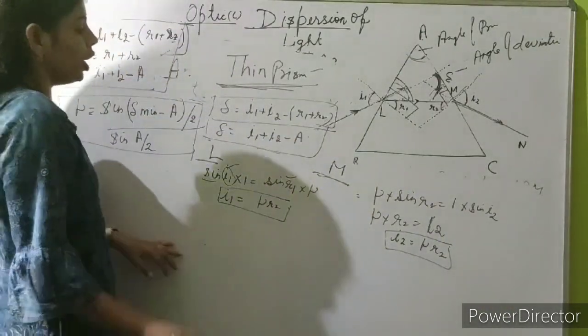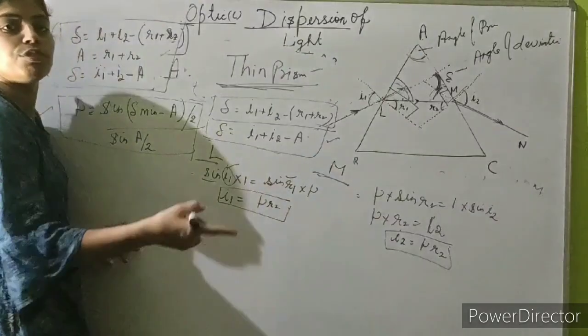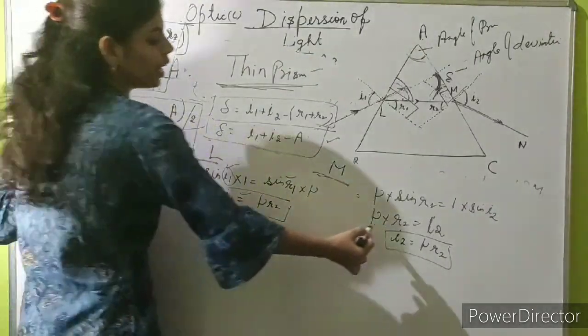In the second result we will replace the values of I1 and I2.